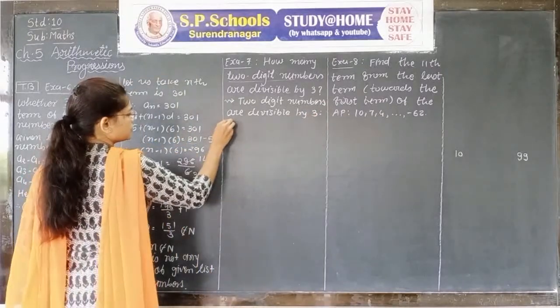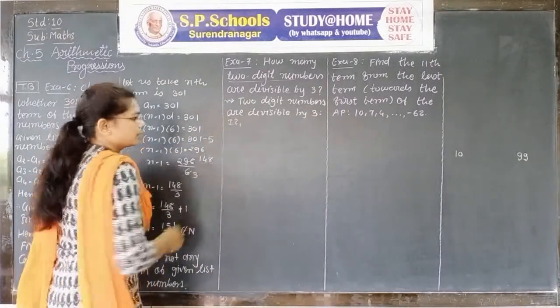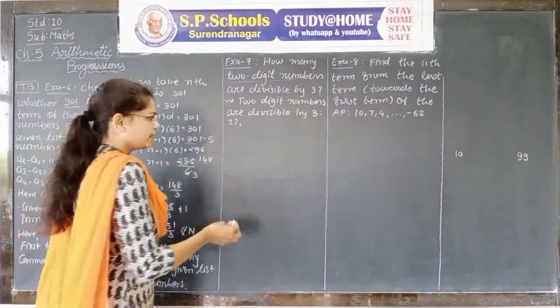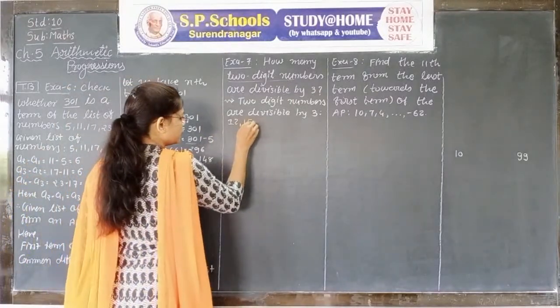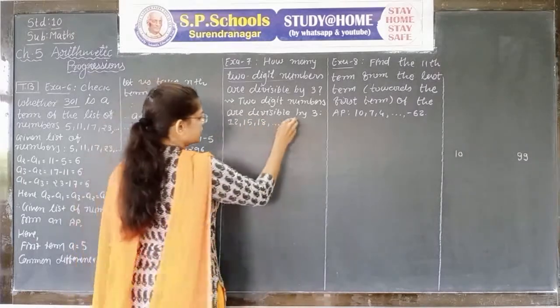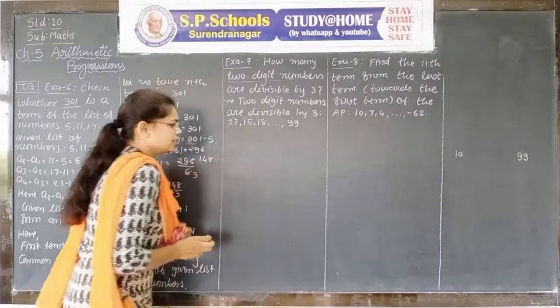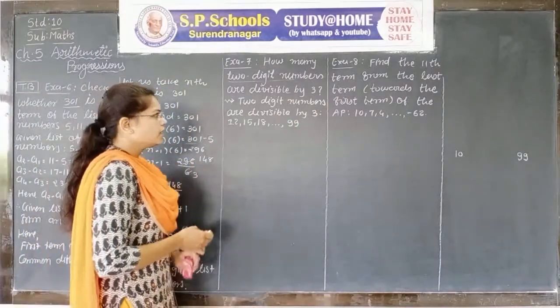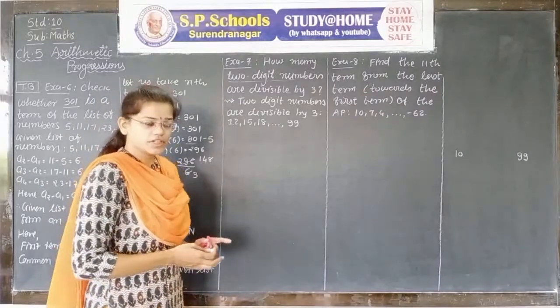First is 12, because starting from 10, then 11, then 12, add 3, 15, then 18, up to 99. 99 is also divisible by 3. It is a finite AP. We find the number of terms in this AP.